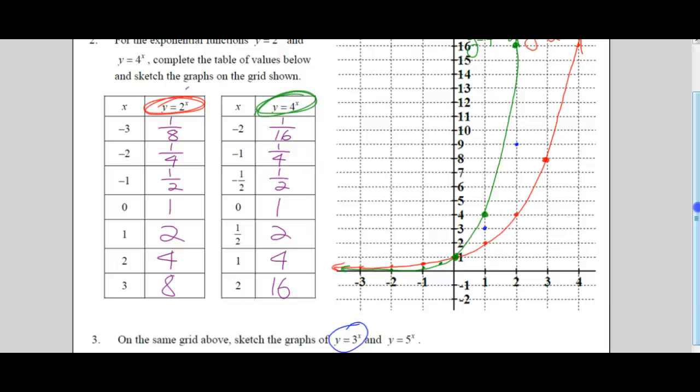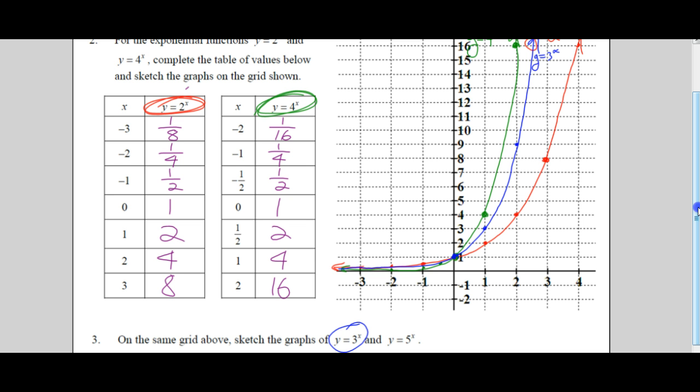Remember, we got a half here and a quarter here, so a third is going to be in between. And when x is 0, you're going to get a 1, right? 3 to the 0 is 1. So it's in between, and it's also in between here. So that's y equals 3 to the power of x.